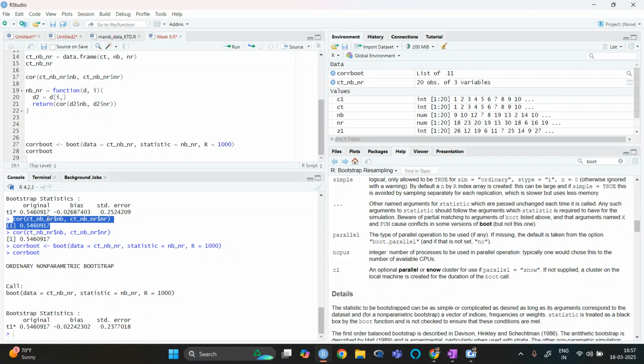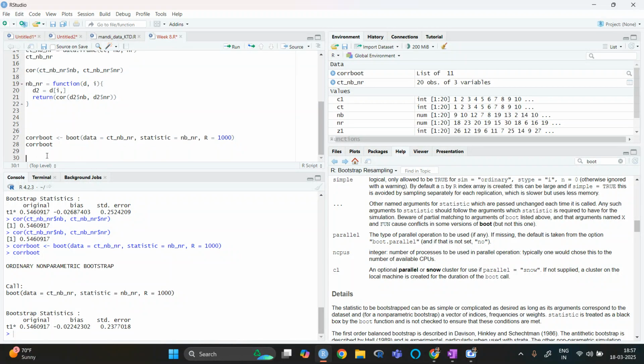The correlation between the real one is the same as whatever is given here in the original one, and the biasness it has after finding its mean, this one is the biasness and this one is the standard error. So this is how much it is biased from the real value. So this is bootstrap.